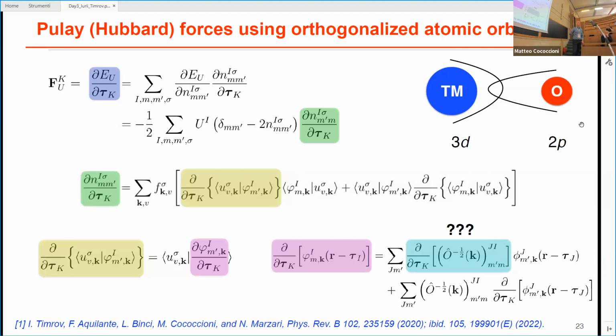But it can be shown that to compute the extra contribution to forces, called Hubbard forces, you need to do quite a lot of math, and you actually face a problem: you need to compute this object, which is the derivative of the inverse square root of the overlap matrix with respect to displacement. It's not a function, so it's not easy to compute this object. It's a matrix, and it's not trivial how to compute it.